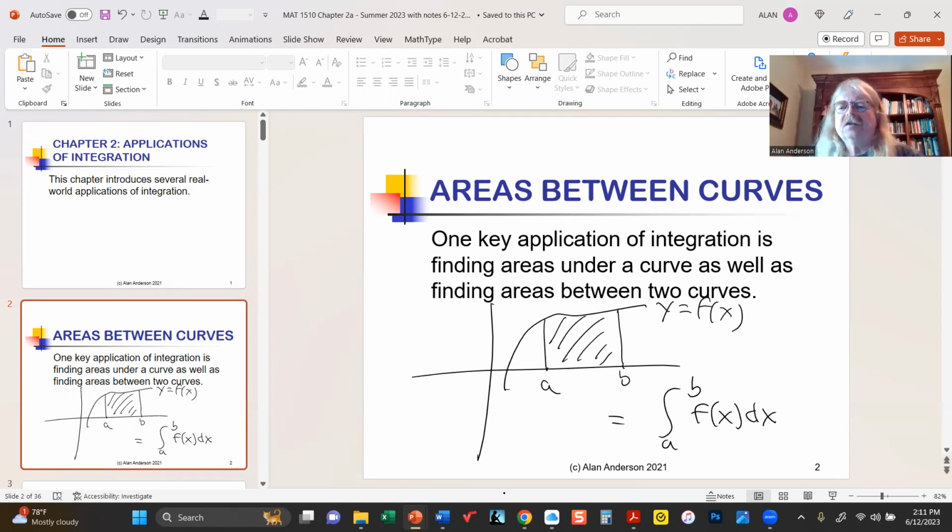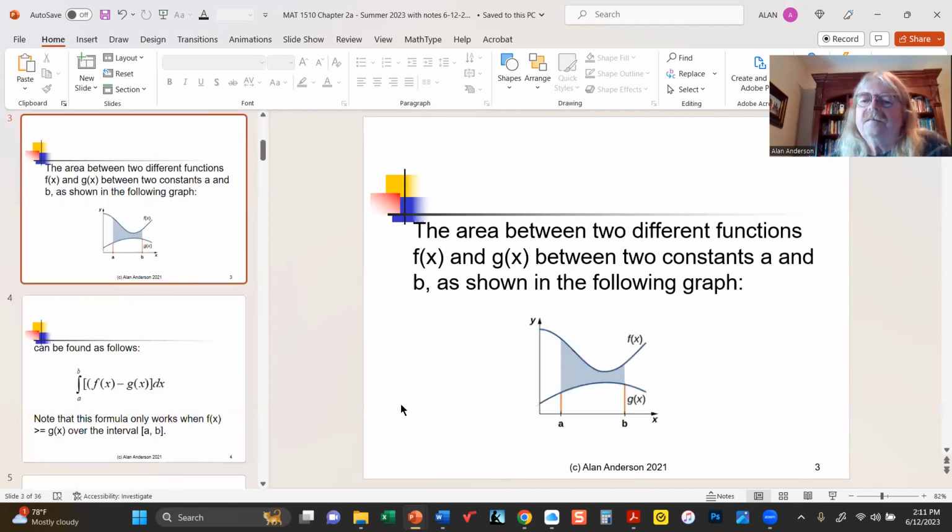What if we have 2 functions, not just some function and the x-axis, but let's say we have 2 functions, like here's f of x and here's g of x. You notice neither one of them is on the x-axis. So the shaded region, what do I do? How do I figure out the area using integration, given that I don't have the x-axis on the bottom?